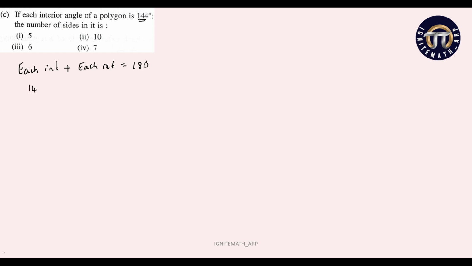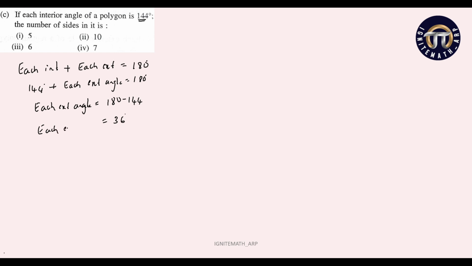So here I can write 144 degree plus each exterior angle is equal to 180 degree. So I can say each exterior angle is equal to 180 minus 144. Okay, so I have brought this 144 to the other side. So that is equal to 36 degree.